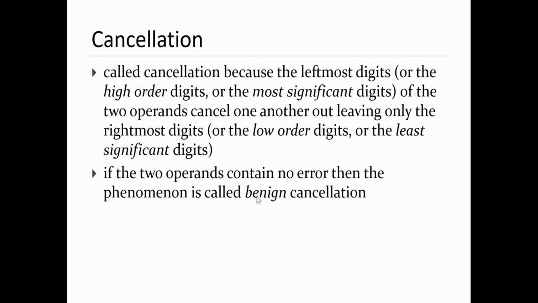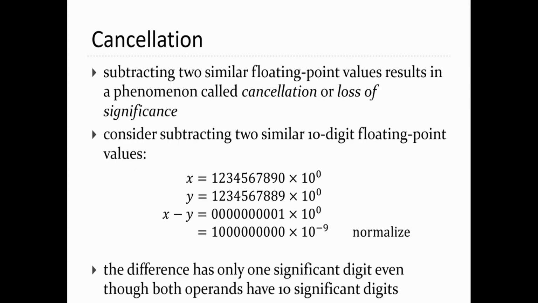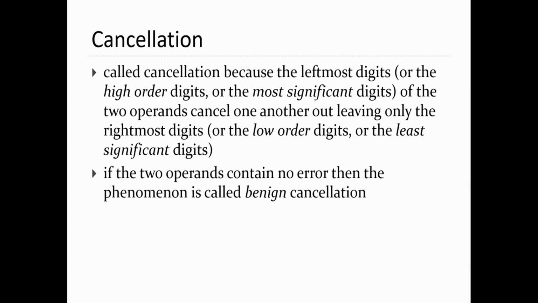Now, if the two operands contain no error, then there's no problem. If my two values really are those two numbers, and you subtract them, then the answer really is 1 times 10 to the 0. So that's fine. The problem is what happens when those two numbers are not exactly those values.